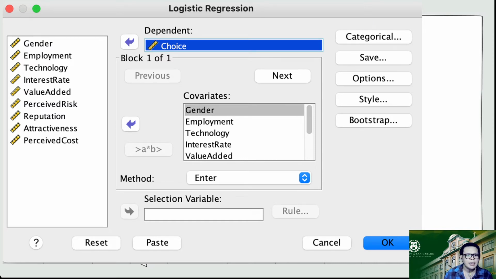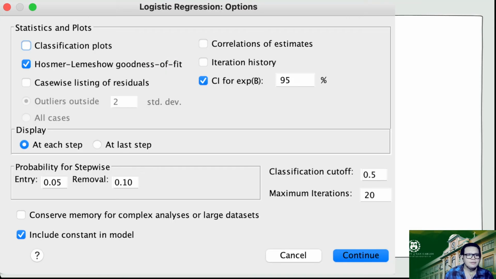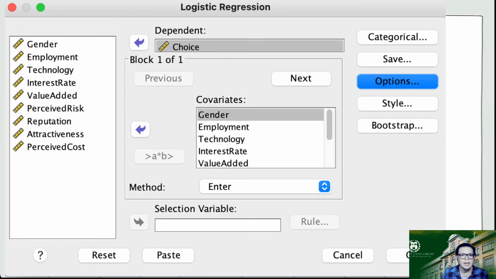The independent variables are technology, interest rate, value added, perceived risk, reputation, attractiveness, and perceived cost. Then click Hosmer-Lemeshow goodness of fit. That's important, and nothing else needs to be considered. Click CI for 95% confidence interval, and then click OK.